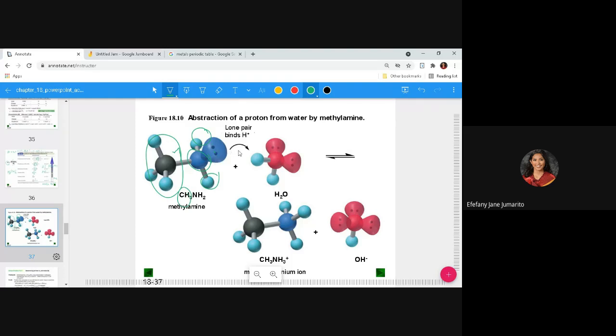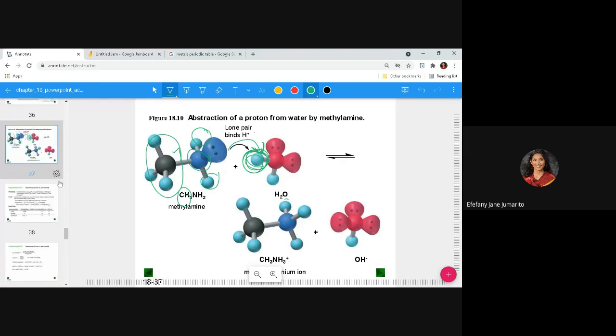The lone pair will accept the H from your water, making it NH3 plus, and leaving OH minus. So the main point is that bases accept protons. It accepts a proton from your water, which acts as an acid here, making CH3NH3 plus, and we have an OH minus.